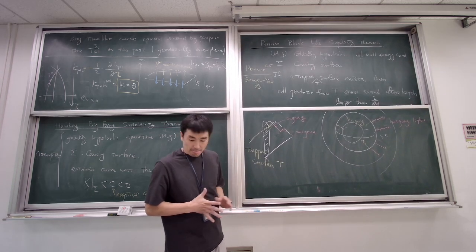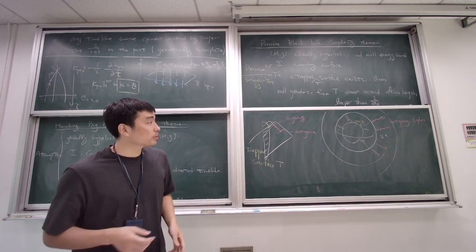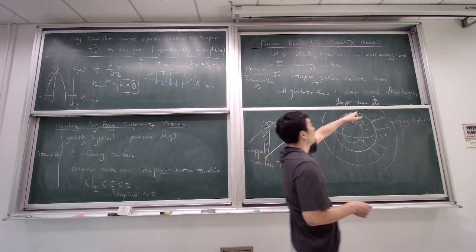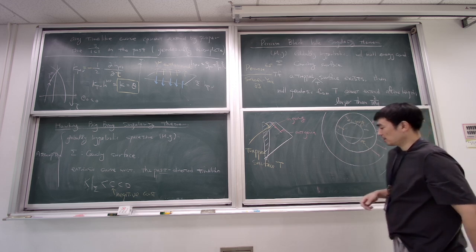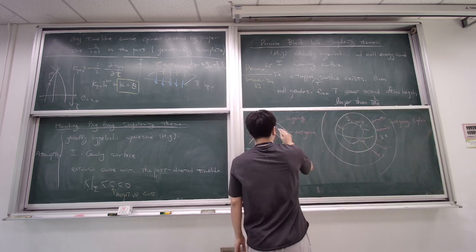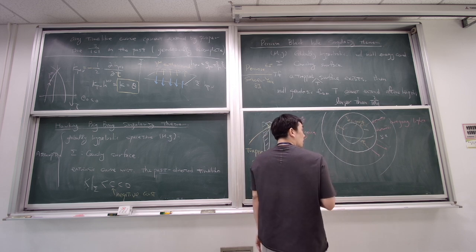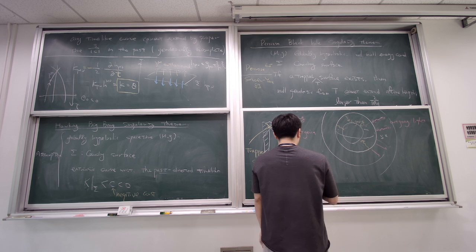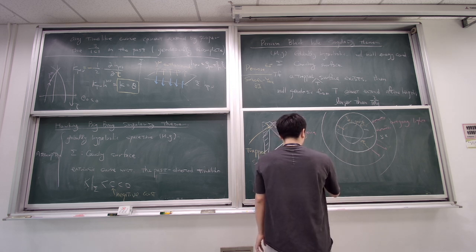Anyway, so this is a mean trapped surface. What is theta 0? Theta at the trapped surface T is equal to the null geodesic congruence theta 0.